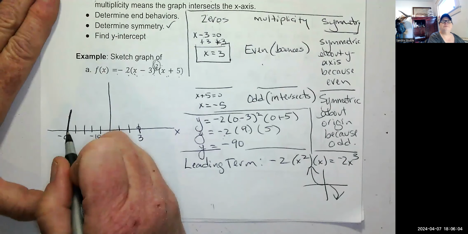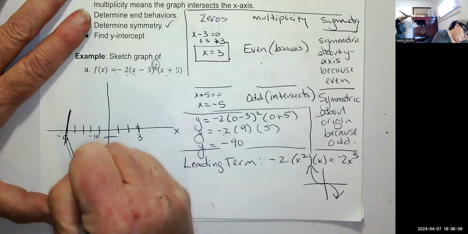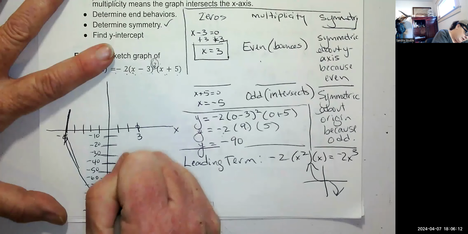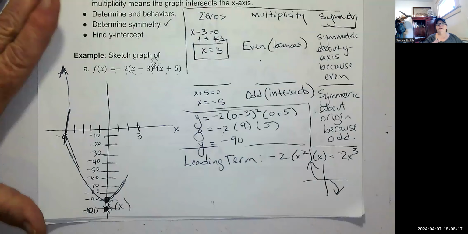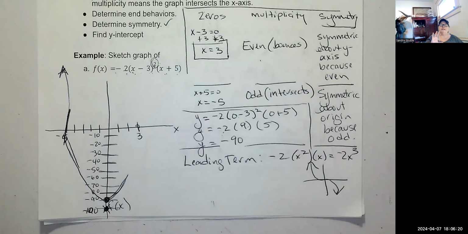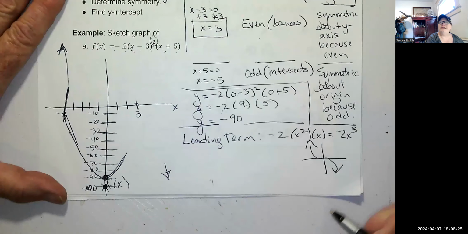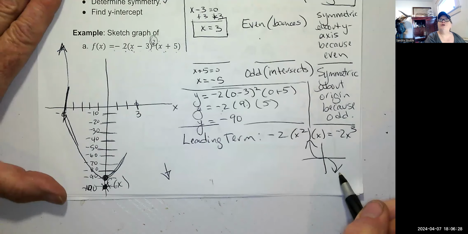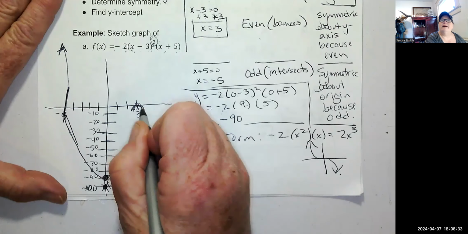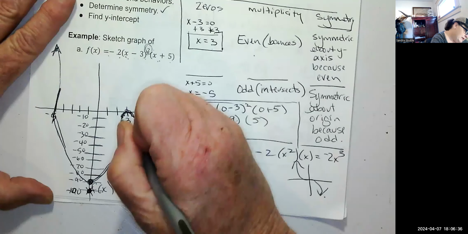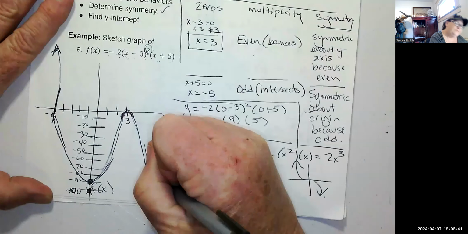So this is going to be coming down, probably going through my negative 90, and going up like this. Remember this is sketching, so it's not going to be exact. That also tells me my other arrow needs to end up going down over here. So where 3 is even, my bounce is going to be like that. It will bounce there, and then follow through over here.